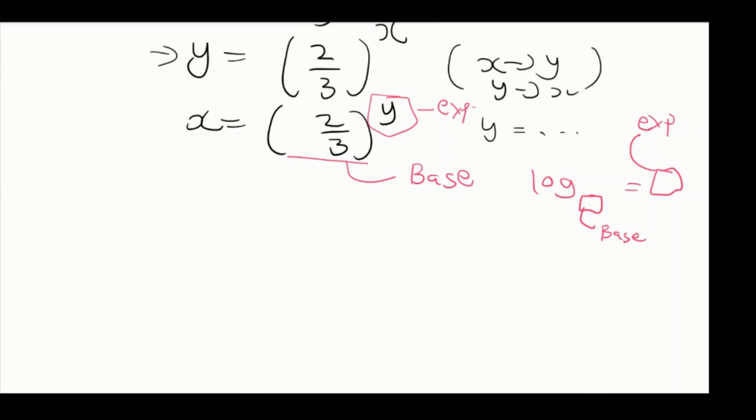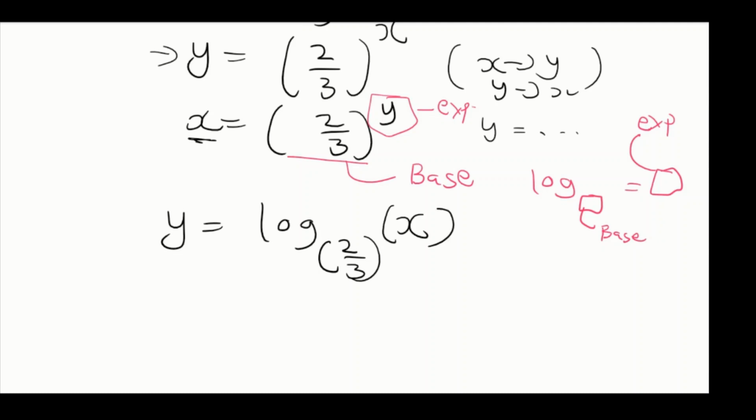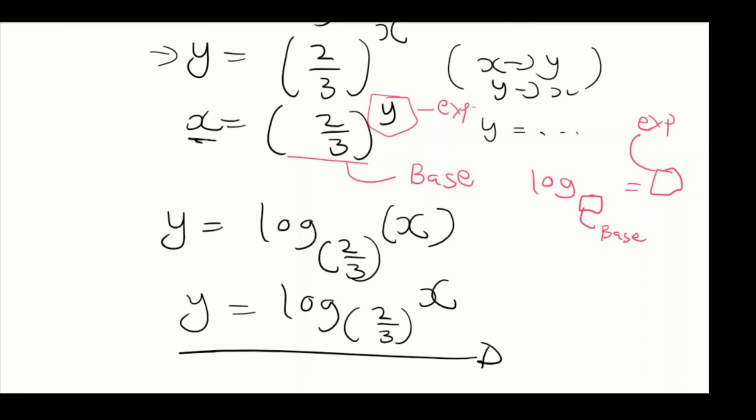So our exponent in this case is y, so y equals log, our base is 2 over 3, and our value is x. So this would be our equation, which is y equals log base 2/3 of x. So this is the inverse of the function.